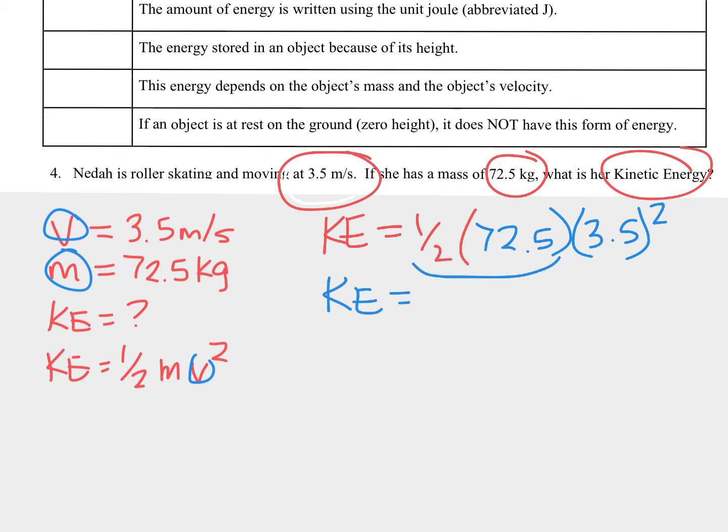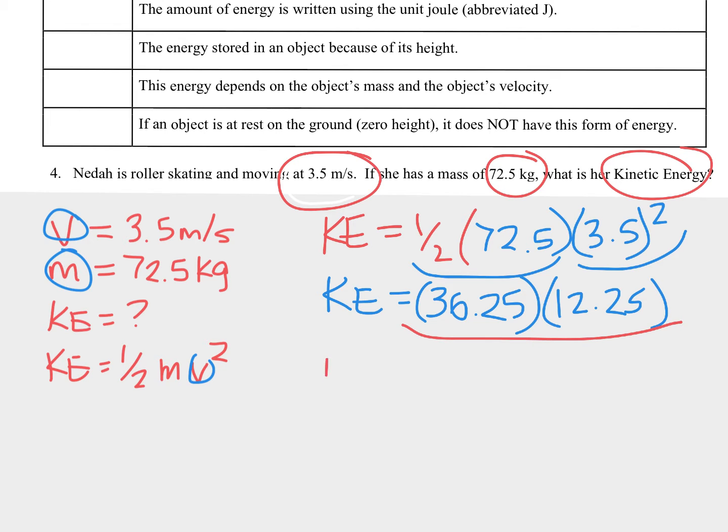I'm going to take 1/2 times 72.5. That's going to give me about 36.25. And I'm also going to take 3.5 squared. So that's 3.5 times 3.5. That gives me 12.25. Now that I have that, I'm going to take those two numbers and multiply them together.